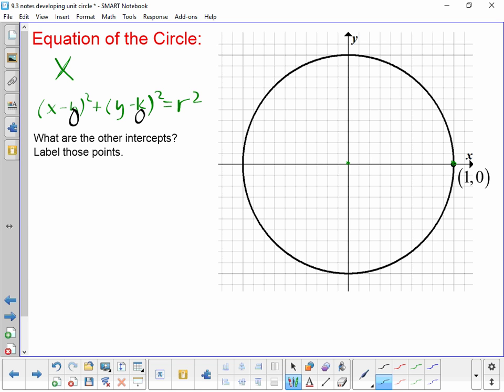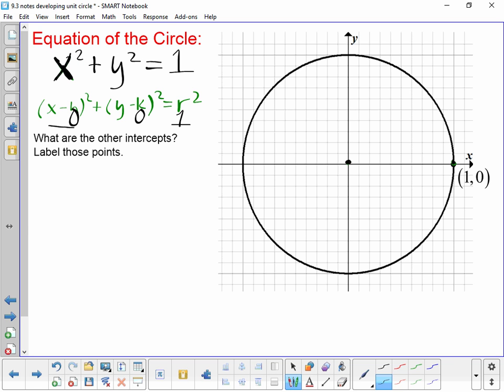And the radius of the circle, which would be from the center to the edge of the circle, is a radius of 1. So if we write the equation of this particular circle, x minus 0 is just x. So we have the equation x squared plus, well, y minus 0 is just y, so y squared equals, and if the radius is 1, 1 squared is 1.